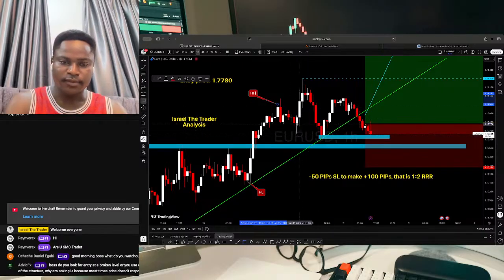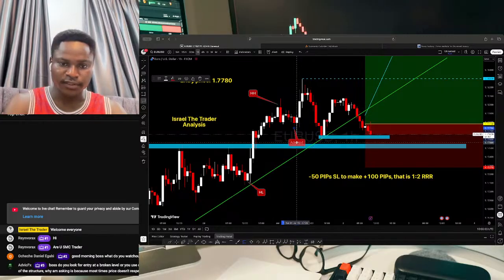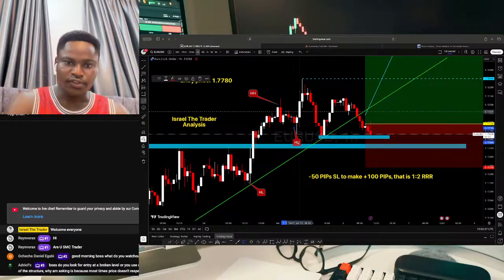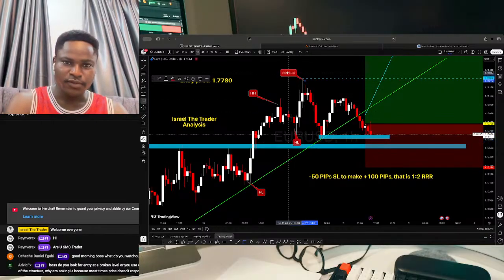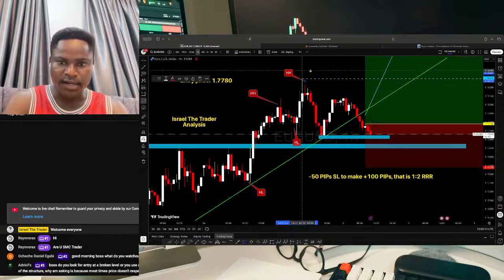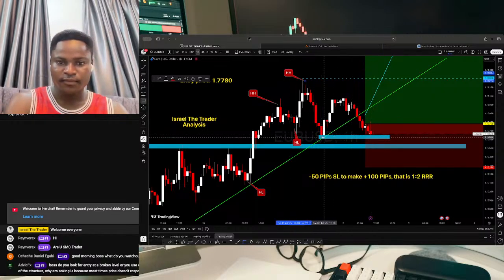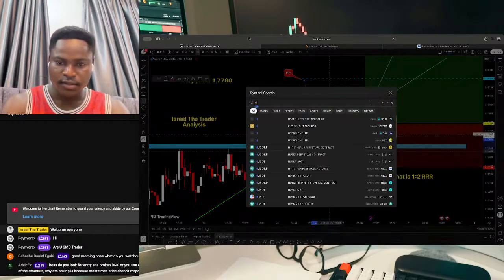Then here too is another higher low, but that's not the perfect one. But let me just mark it out so you all can see it. A higher low, which is a retracement. So this is what we refer to as a higher high.